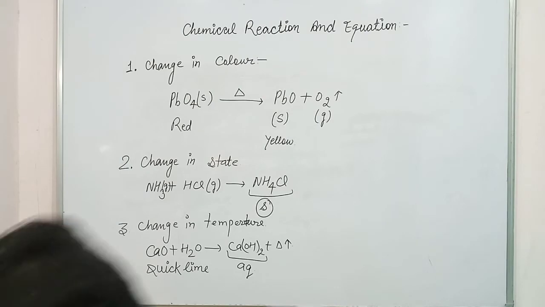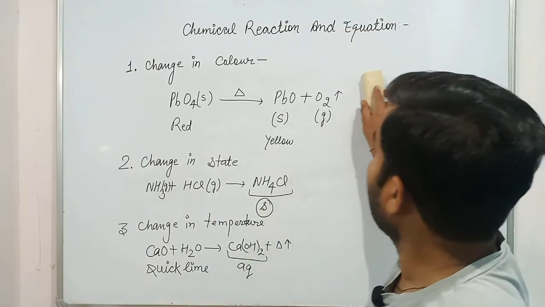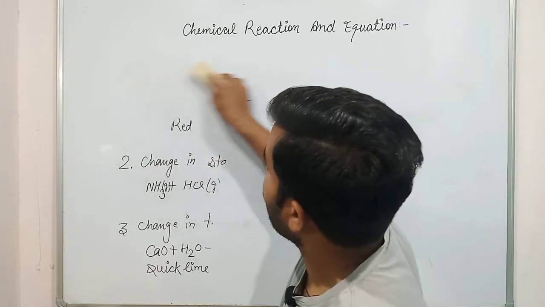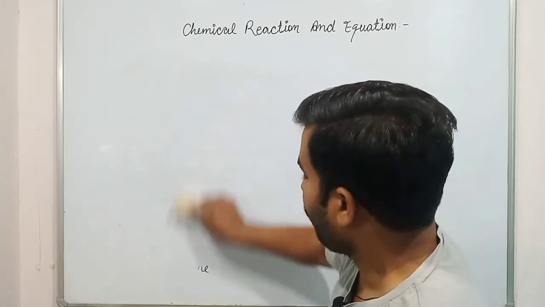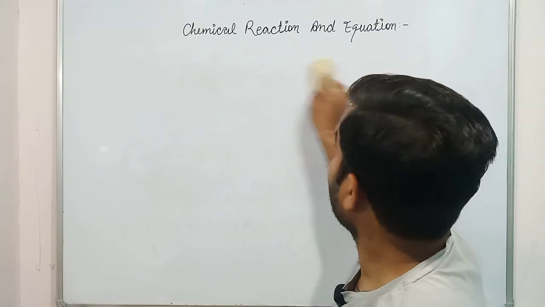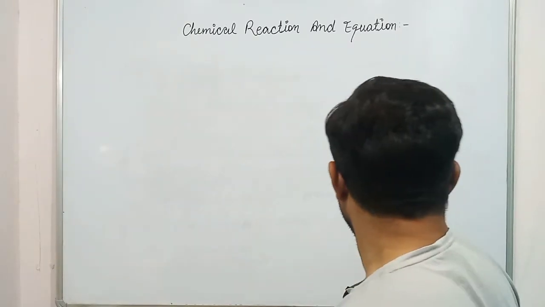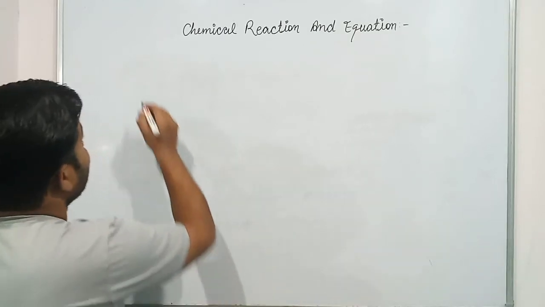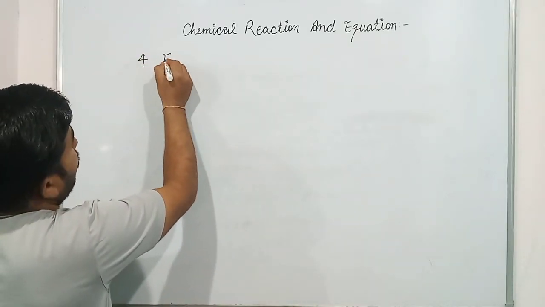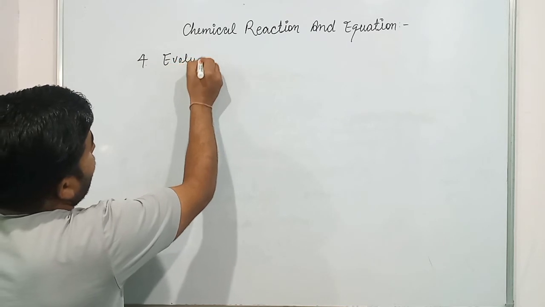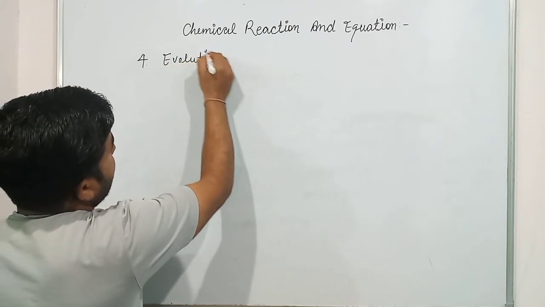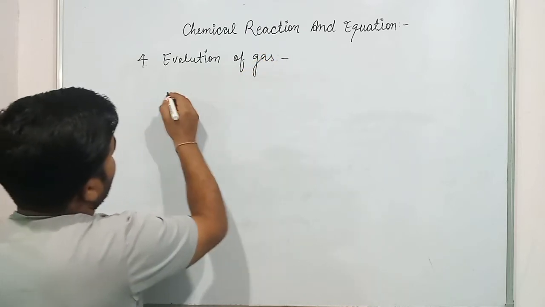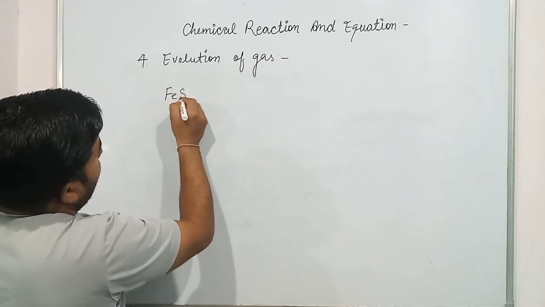Now we are talking about the fourth change which occurs during a chemical reaction, and that is evolution of gas. In some chemical reactions, gas will be evolved. For example, we have iron sulfide.